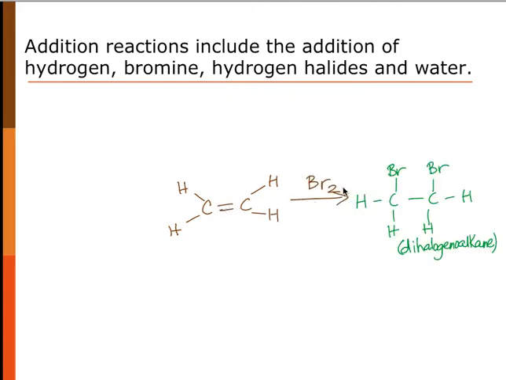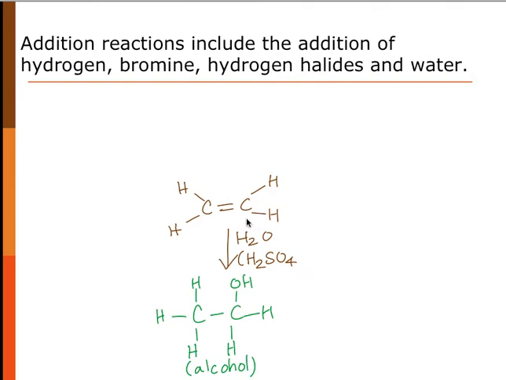Similarly, if I have bromine or any halide, Cl2, I2, it is going to form the dihalogenoalkane. Okay. Third reaction is the reaction with water in the presence of concentrated sulfuric acid.